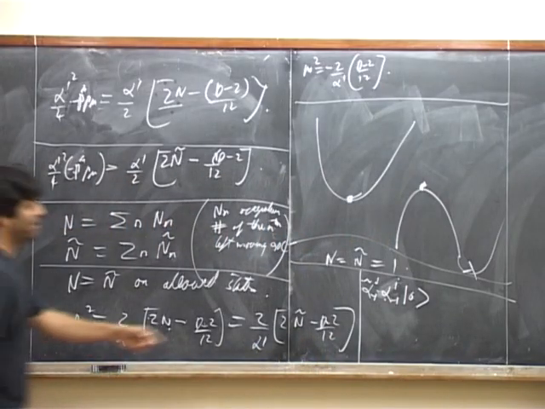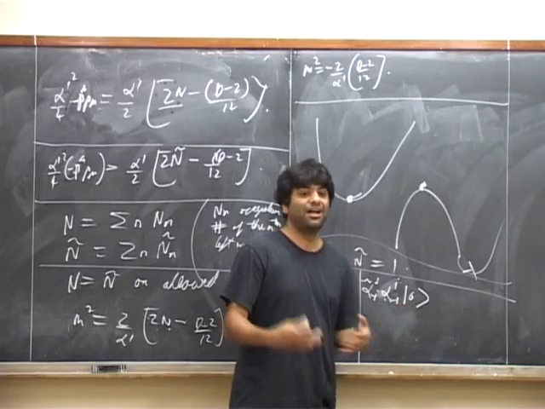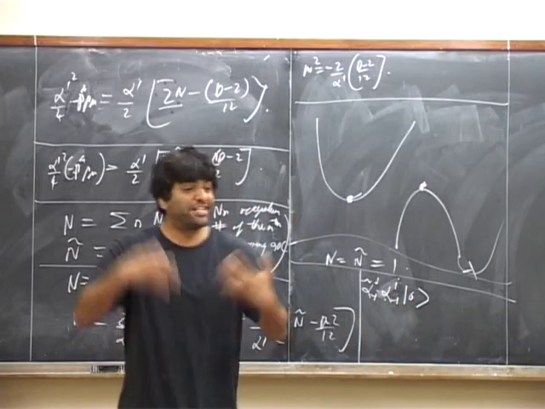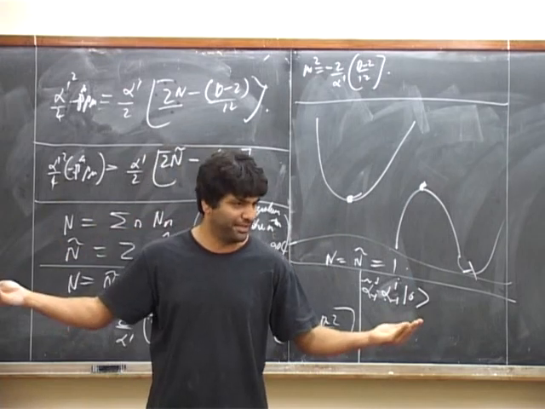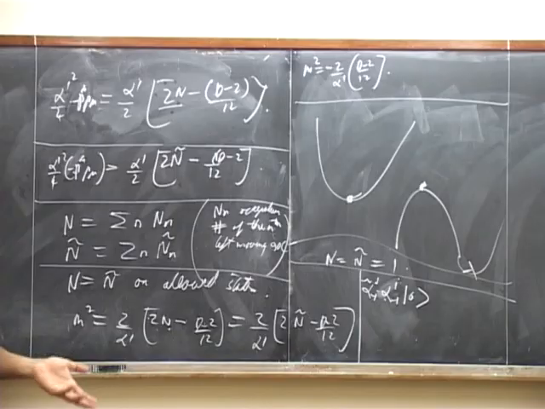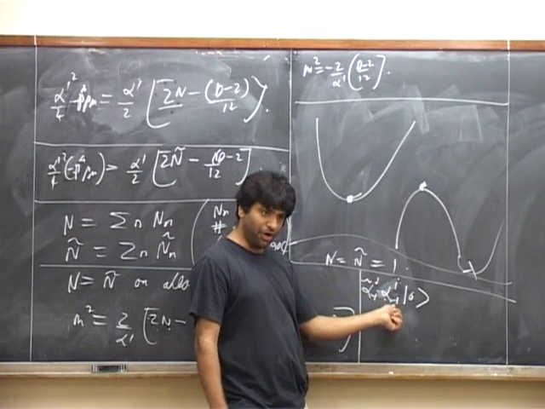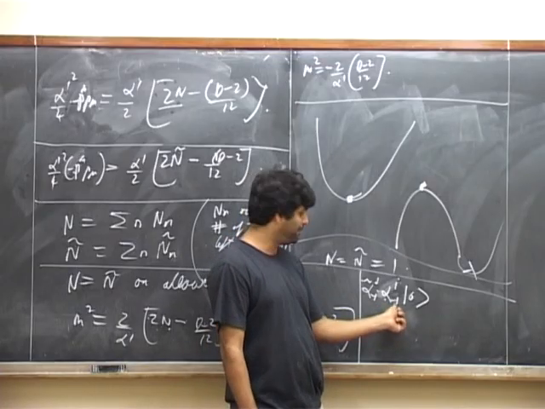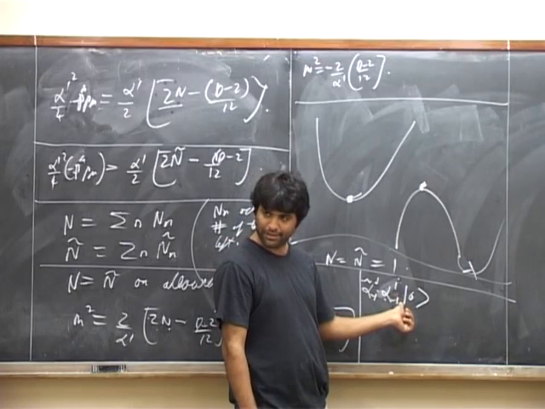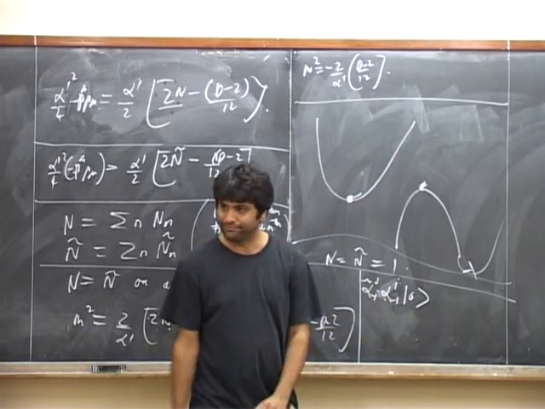Remember our notation? This minus 1, the minuses were creation operators. 1, 2, 3, 4 label the frequency of the oscillator. Okay? So I'm acting on a vacuum with one creation operator of frequency 1 on the left and one creation operator of frequency 1 on the right.